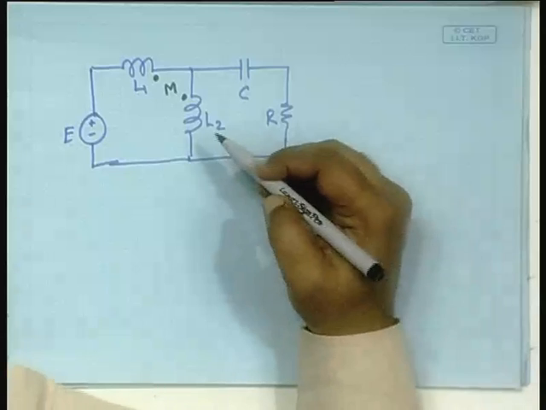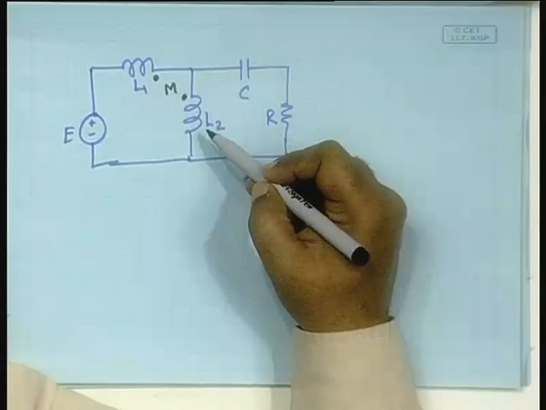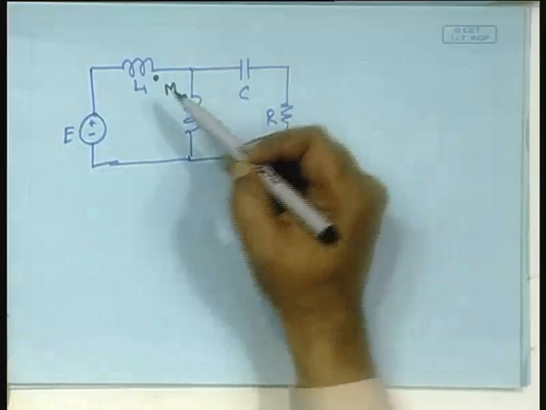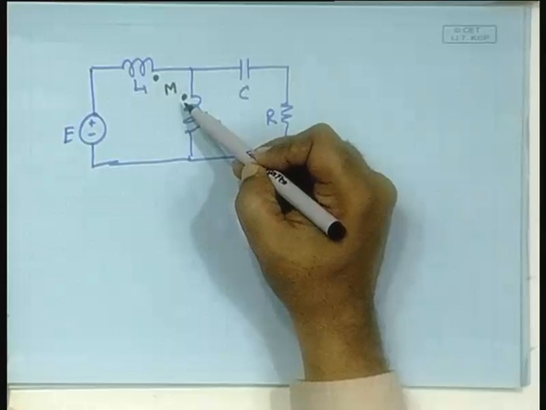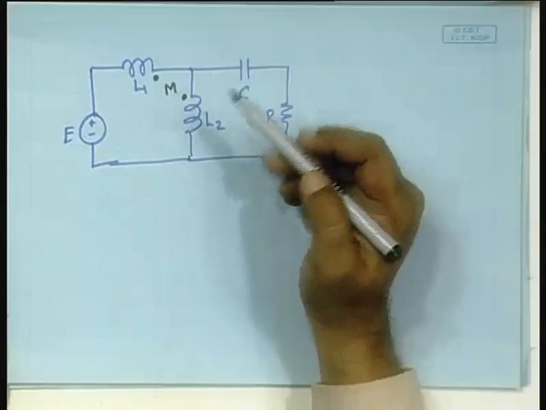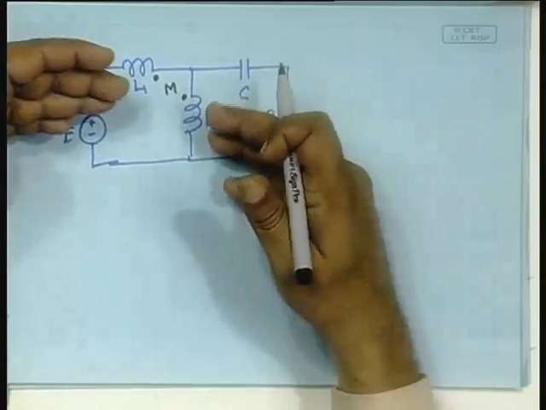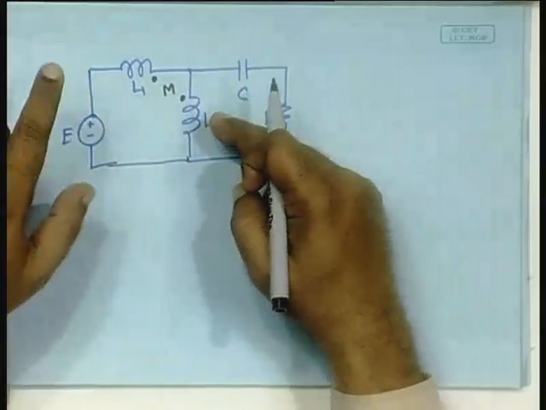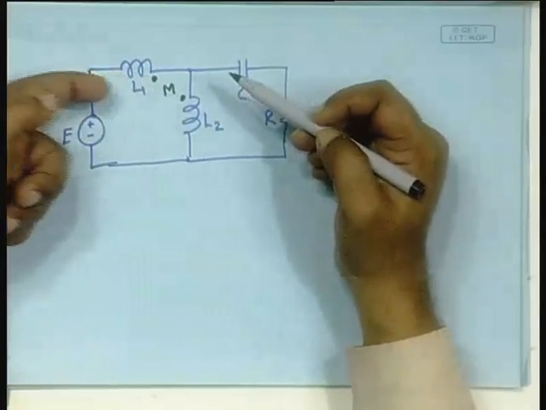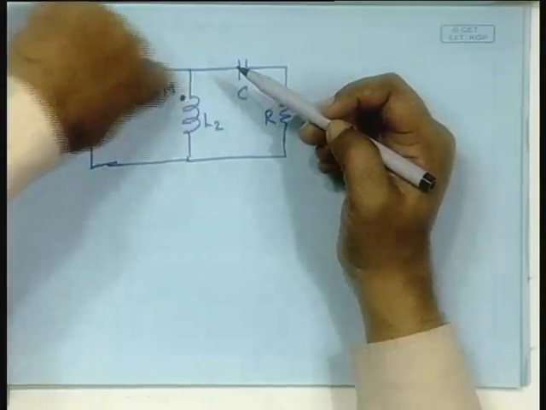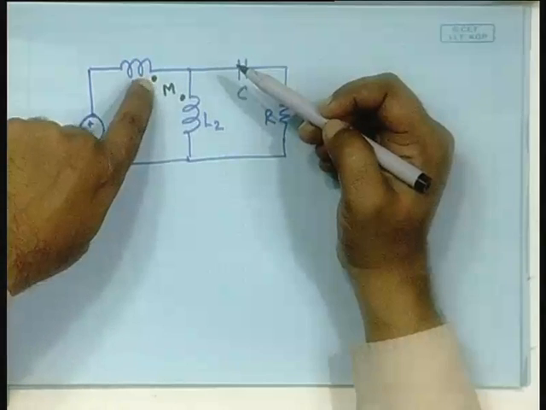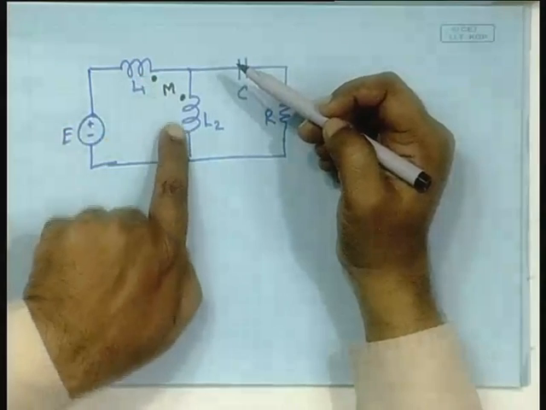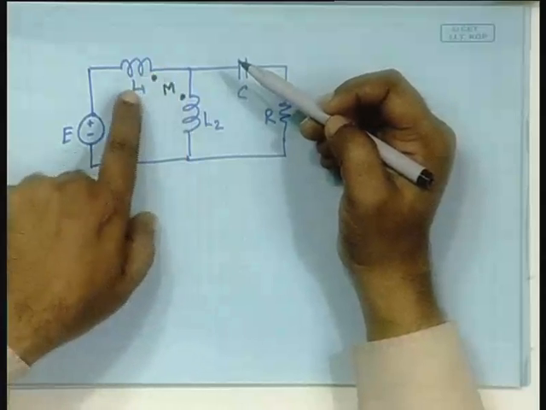Whenever there is a mutual coupling between two things, you always put these blobs. What does it mean? It means that if the current is flowing into the blob in both, then the magnetic fields will be additive. If the currents flow in opposite directions, that means in one it goes into the blob, and in the other it goes out of the blob, then they are subtractive.